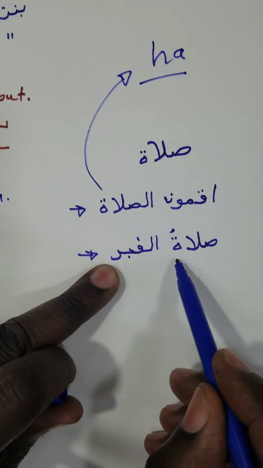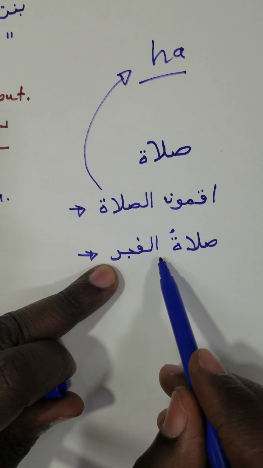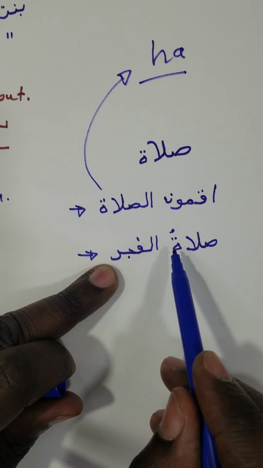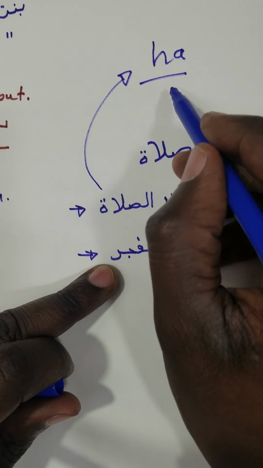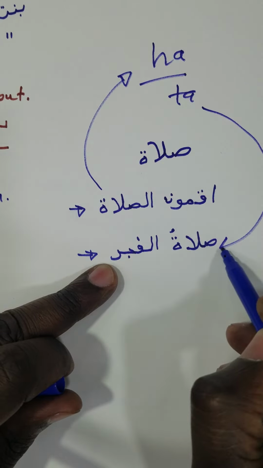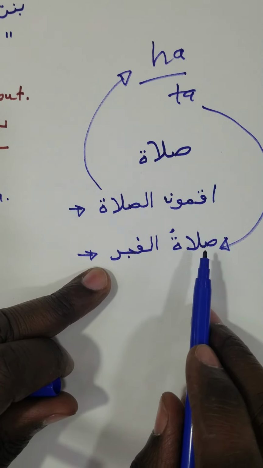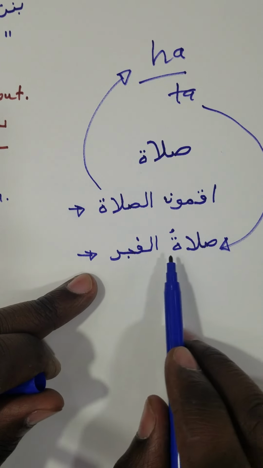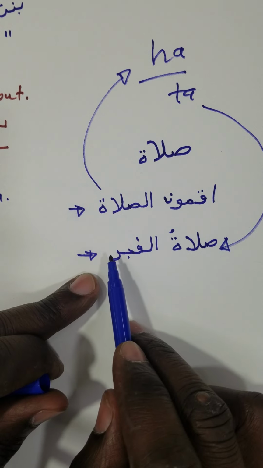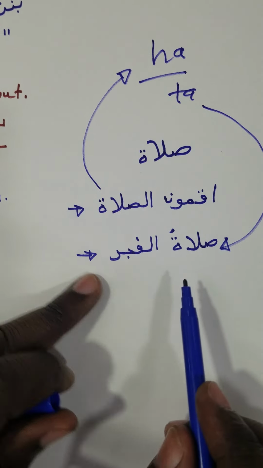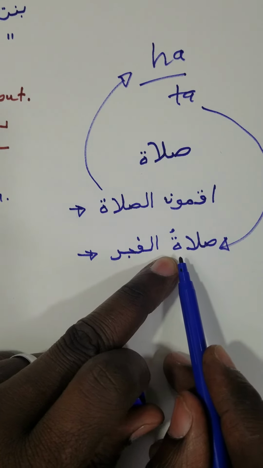But now here, on the same word, salah, it is appearing in the middle because this is not the end of the sentence. This word, salah, then you have fajr. Now, it will take ta. Here you'll hear the sentence being read as salatul fajr. You understand? So here it was ha, but now here it is ta. So that's why we call it ta marbuta.